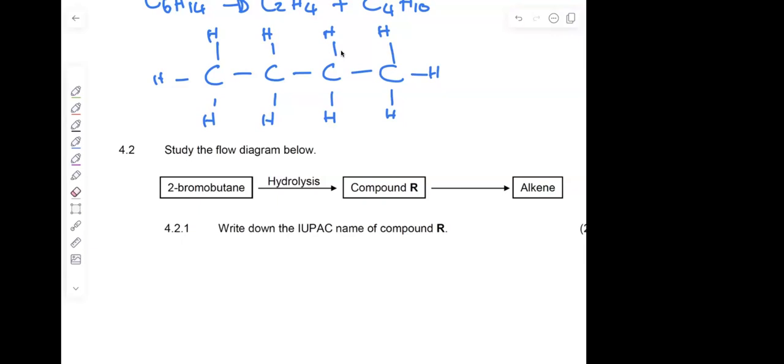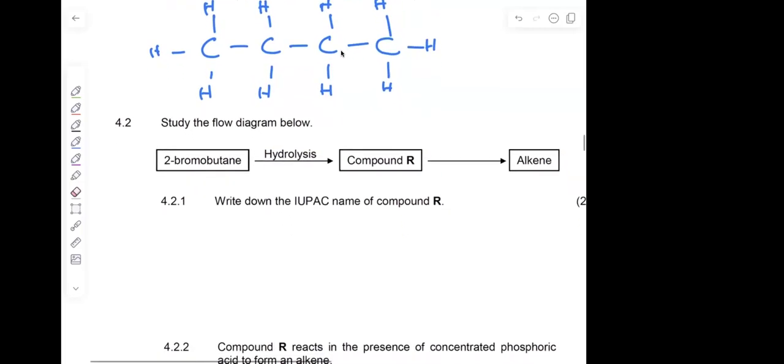Remember what hydrolysis is, right? It's your substitution reaction involving your water. Thank you so much for the great answers there. Very important IUPAC name, you must give the full one, right?